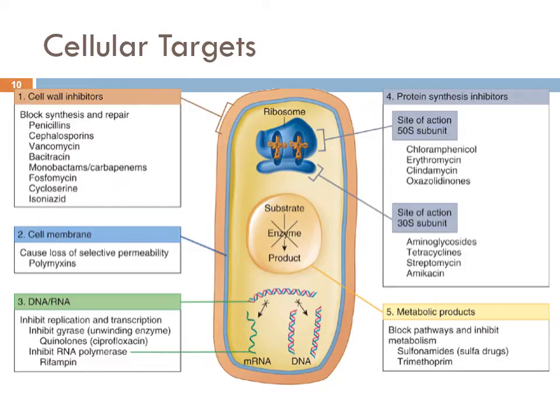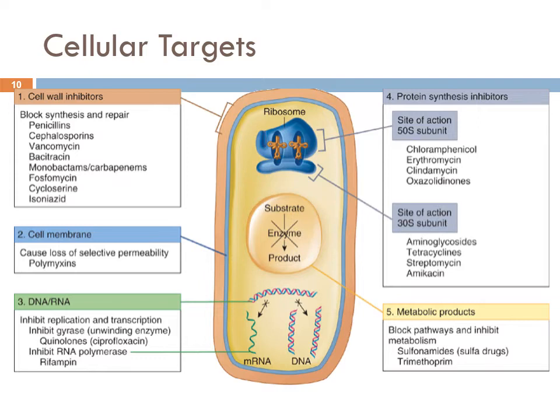In another figure, we have the cell wall inhibitors, which block the synthesis and repair of the peptidoglycan layer, a selective structure present in the microbial cells. So this is the target of action, a cellular target. We have the beta-lactam group and non-beta-lactam antimicrobial agents.